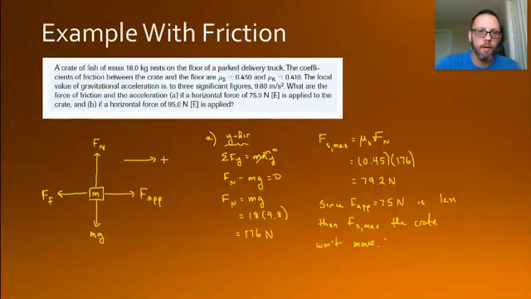So in part A here, our object's not going to move. The applied force is going to be 75 newtons, and the force of friction will also be 75 newtons. That force of static friction will be 75 newtons. It's not near its max, so it's not going to move. You'd have to push with a 79.2 newton force in order to get it to move. So part A won't move.